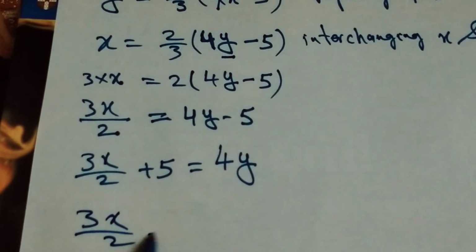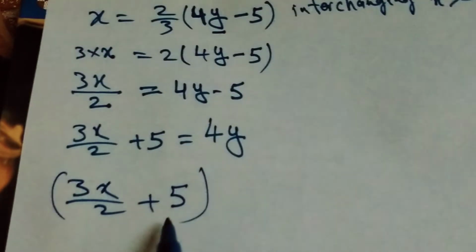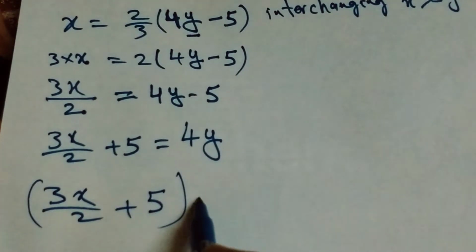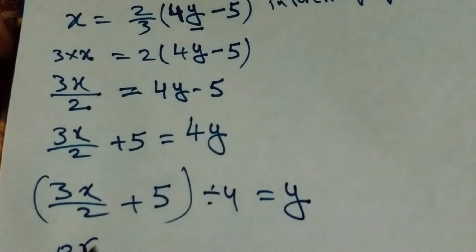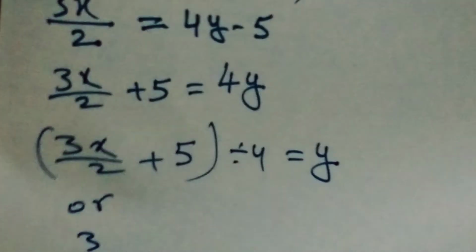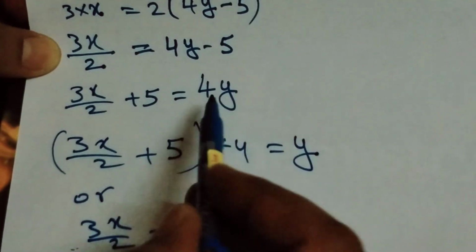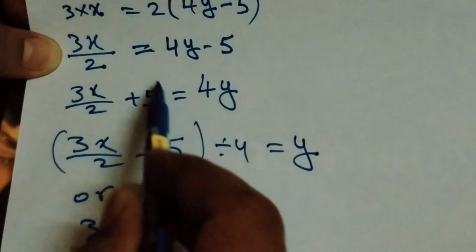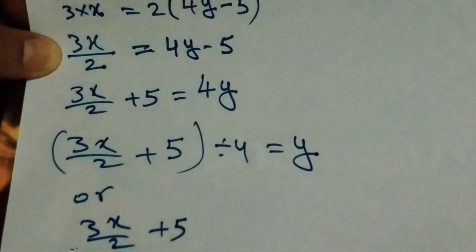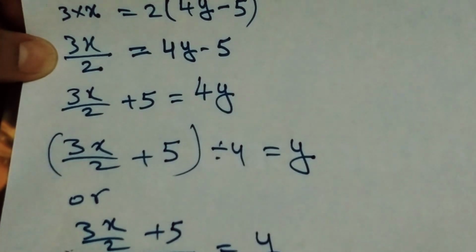So it will be (3x over 2 plus 5) whole. You can write here in two ways: divided by 4 equals y, or you can write (3x over 2 plus 5), because this 4 is multiplying. When it comes here, it will divide the whole, so it will divide by 4 equals y. Understand, my dear?